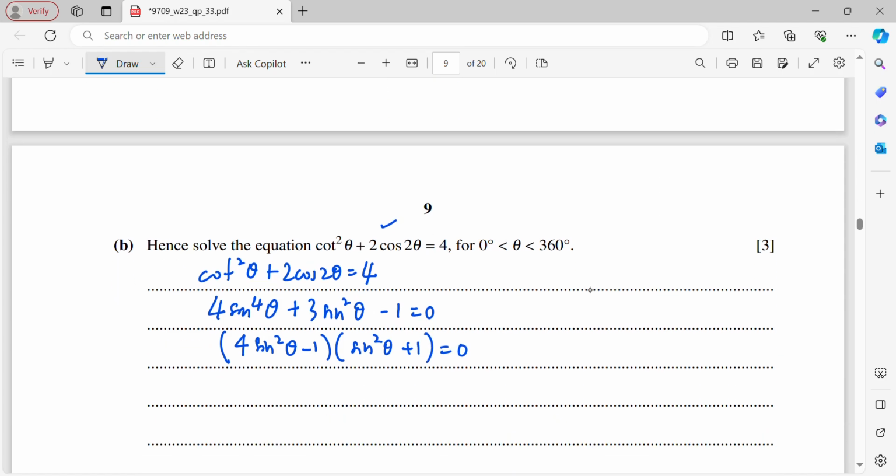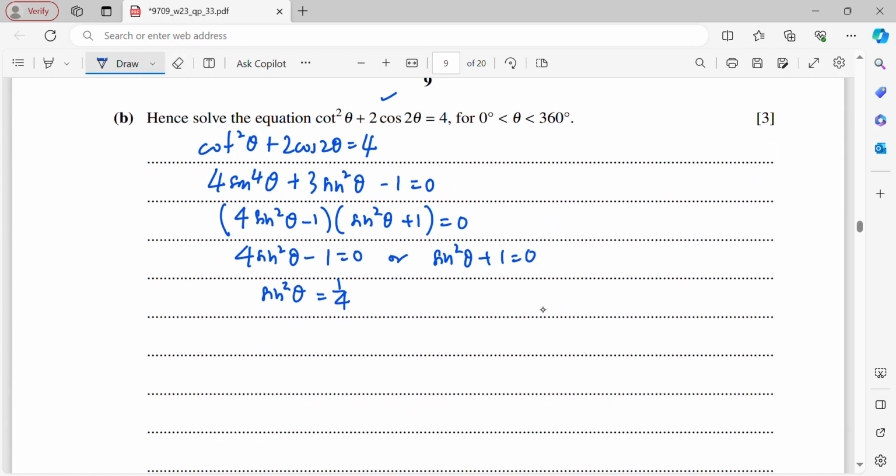And now, either the first bracket equals 0 or the second bracket equals 0. When the first bracket equals 0, it means that sine squared theta equals 1 over 4. Then sine theta will be plus or minus half because you take the square root.